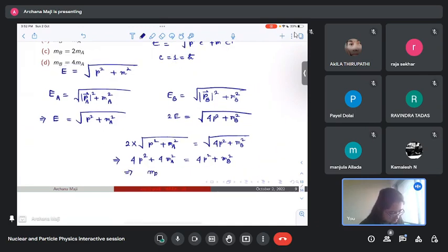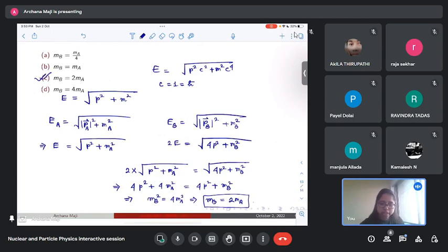It gives us MB square to be 4 MA square. So from there MB is equal to 2 times MA. So option C is correct here. Is this clear? Yes, ma'am, clear.